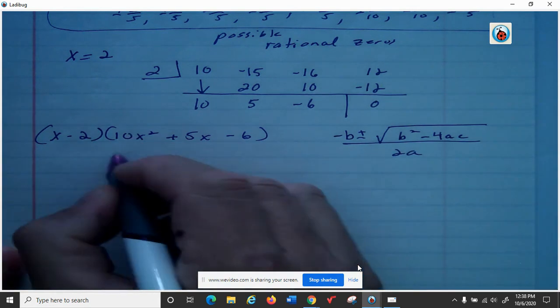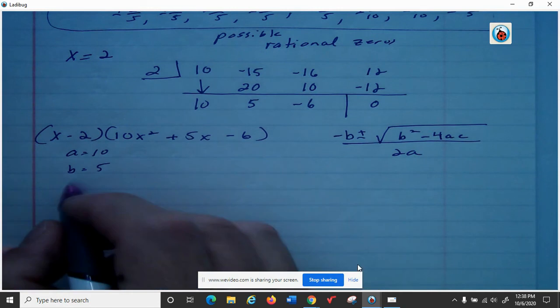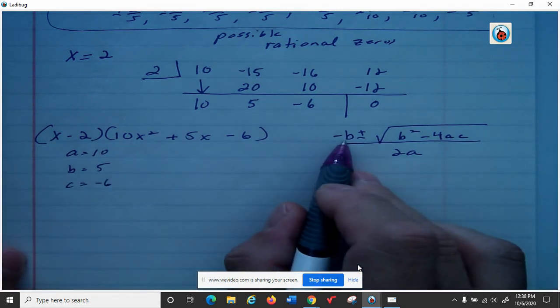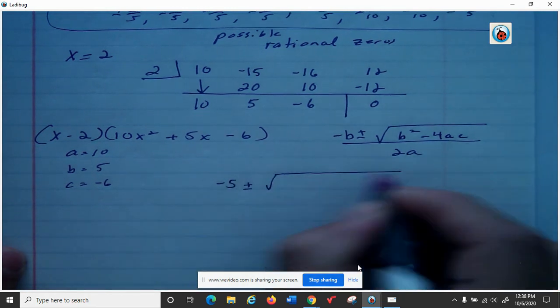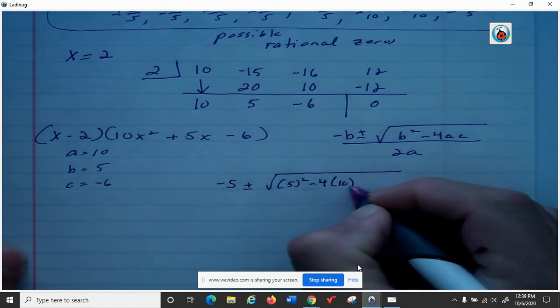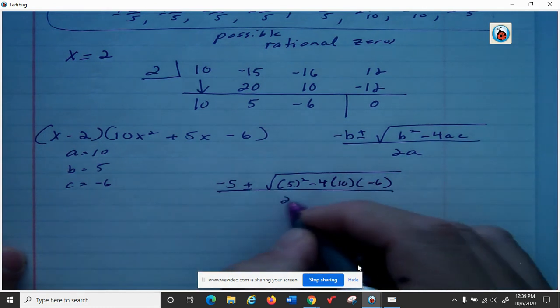So a is equal to 10, b is equal to 5, and c is equal to -6. Let me plug everything in. Opposite of b: b is a positive 5, now becomes -5. Positive 5 squared minus 4 times a times c, all over 2a, which will be 2 times 10.